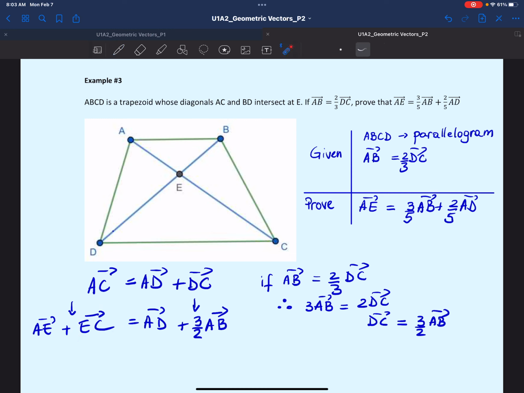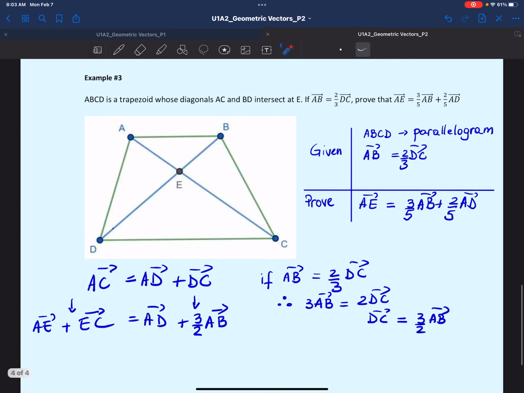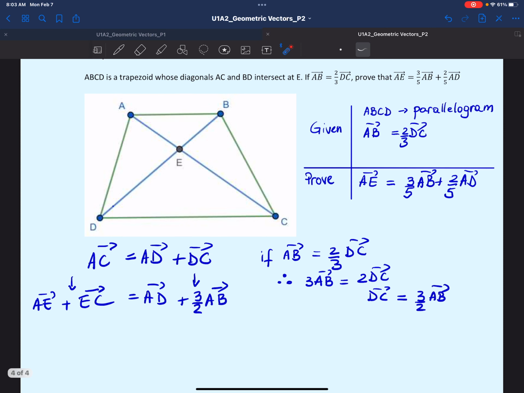One thing that takes a little bit of time, practice and intuition to figure out is how to express EC in terms of AE. And this is where the geometry knowledge from grade 9 will help us. Notice that here we have two parallel sides, AB and DC.